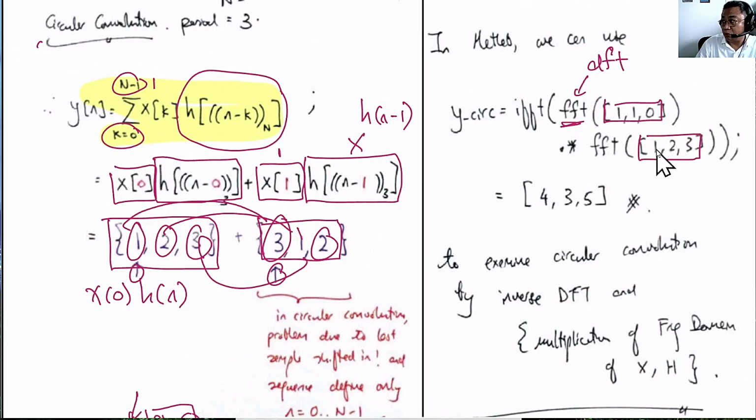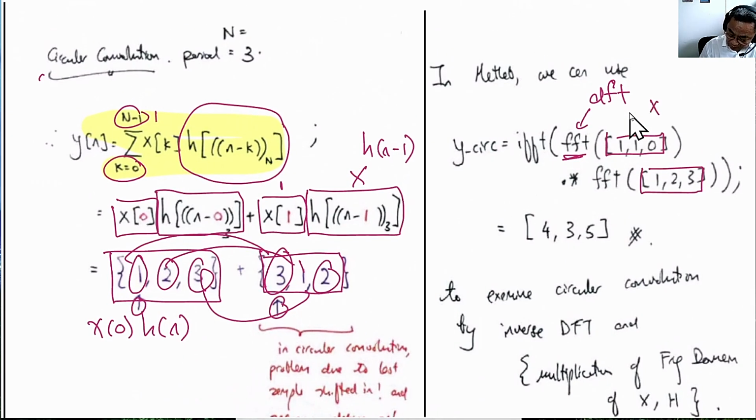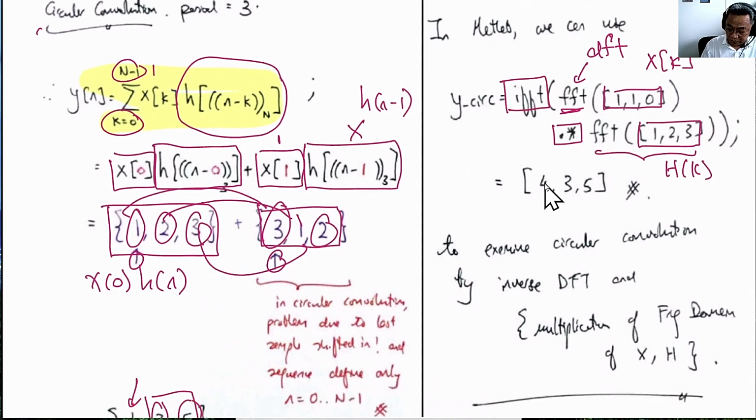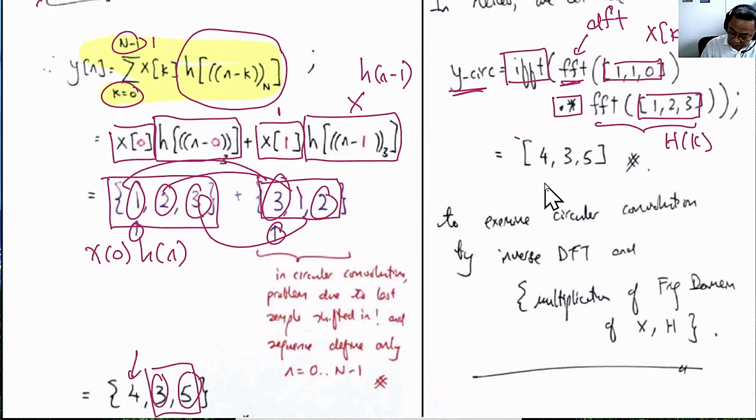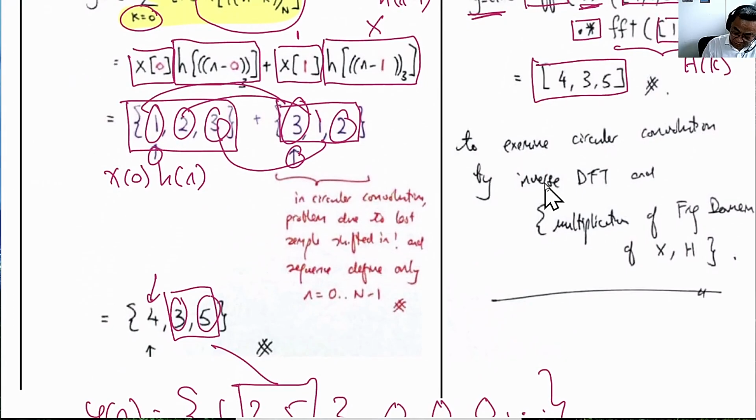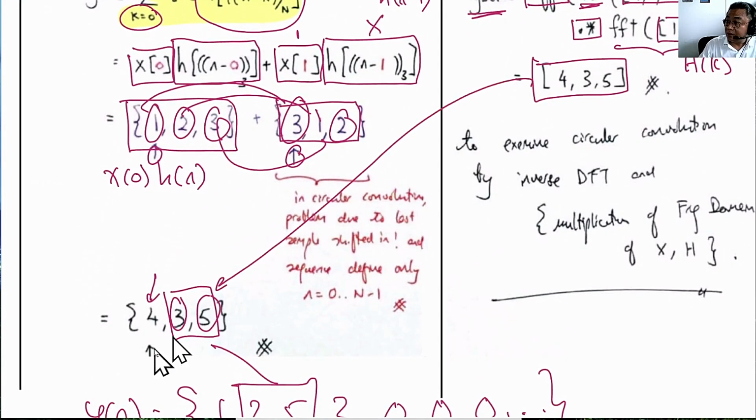So we first convert x to X[k], and h to H[k], and we then multiply them term by term, and then we inverse FFT to get our output y. And this is 4, 3, 5, and 4, 3, 5 exactly agrees with this 4, 3, 5 here.